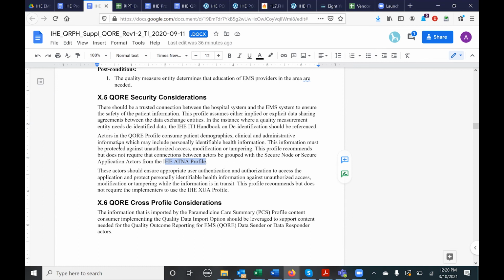And within each of the transactions, we specialize that to say, okay, using the general ATNA audit method, when this transaction happens, this particular schema will be used to record who asked for it, what was their reason for asking, where were they, when was this, what did we respond with. So yes, there is a specification. It's based on this ATNA profile.